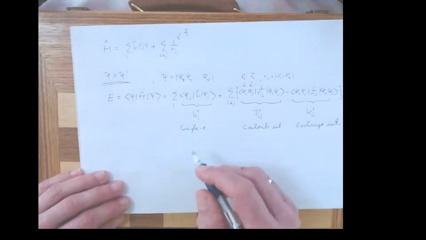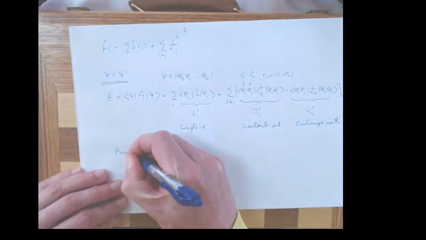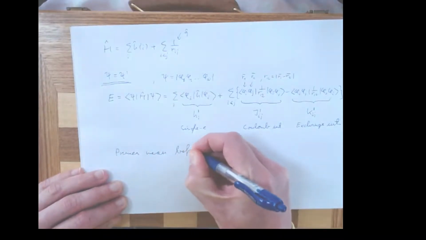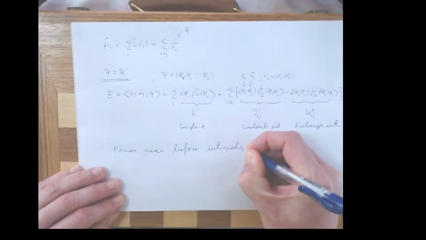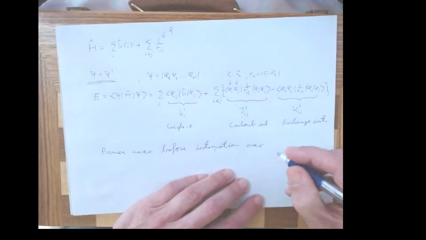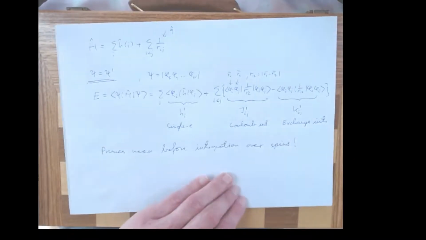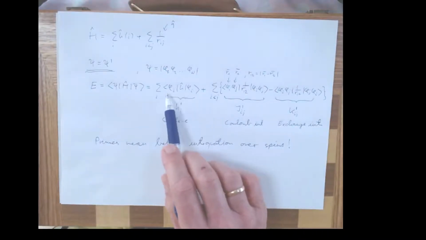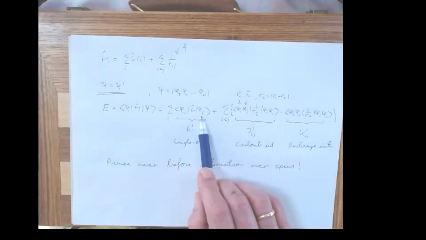And now let me explain the meaning of the primes here. What they mean is that when we evaluate these integrals, we still haven't done the spin integrations. Remember that this implies, in fact, a fourfold integral, 3 spatial ones and then 1 spin integration.